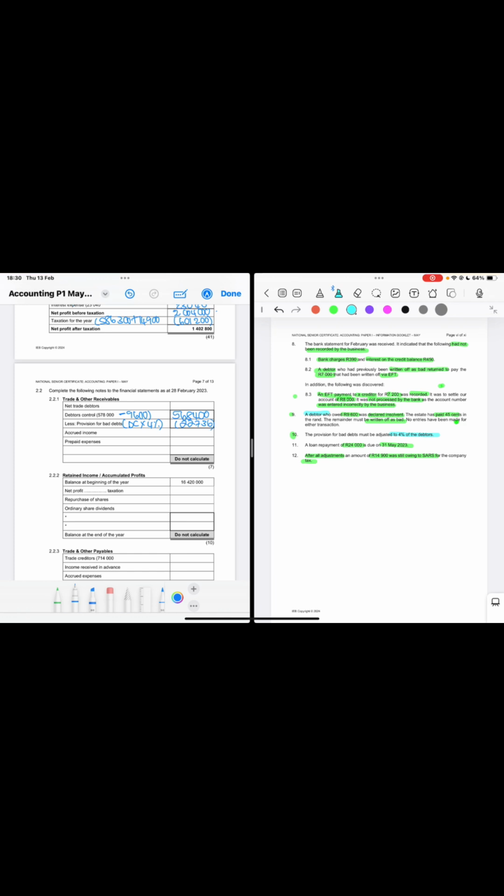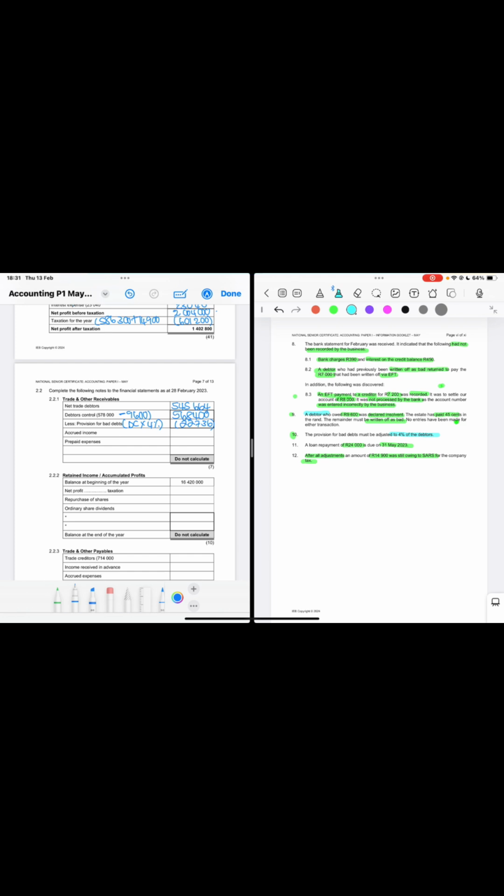Then we take our debtors control minus the provision for bad debts to get our net trade debtors of 545,664.